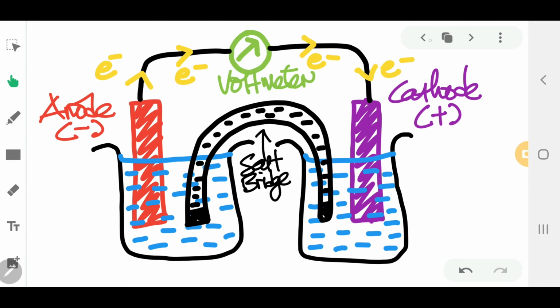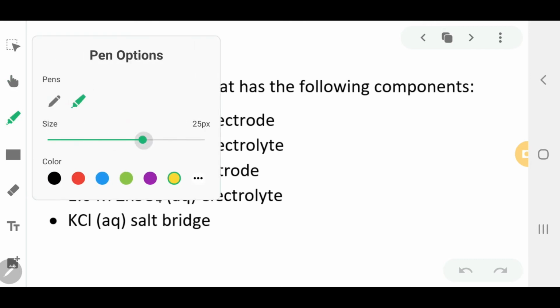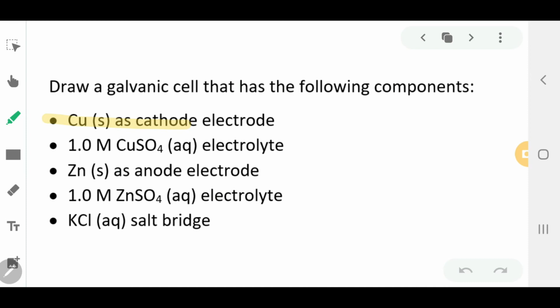So we're going to label the electrodes first. If you go back to the screen over here, we have copper cathode, and the other one is zinc anode, the electrode.